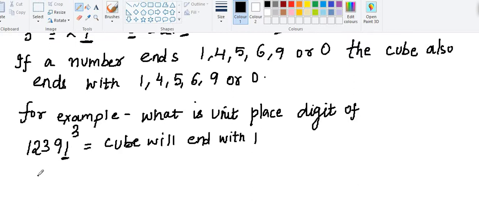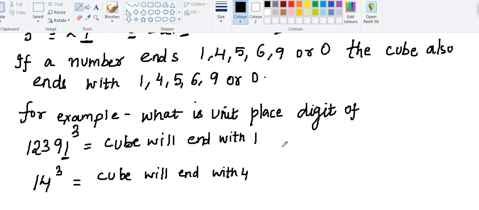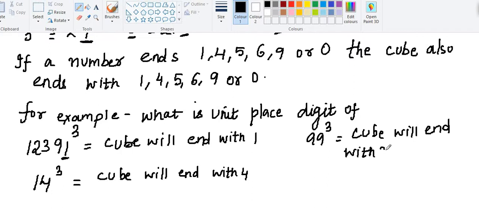So what will 14 cube end with? 4. What about 99 cube? 9. And what will be the unit place digit of 125 cube? 5. Yes, its unit place digit will be 5.